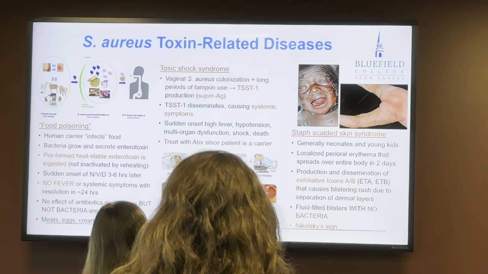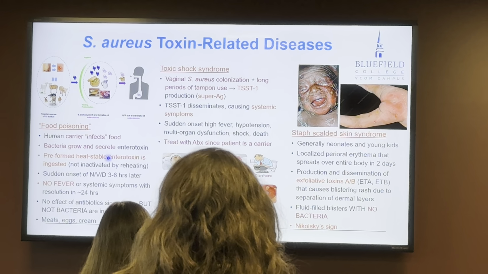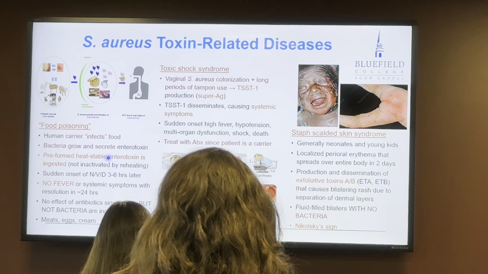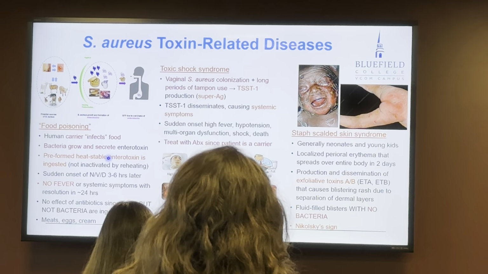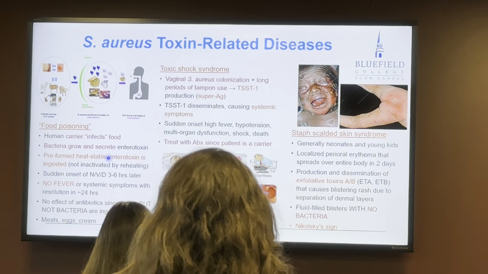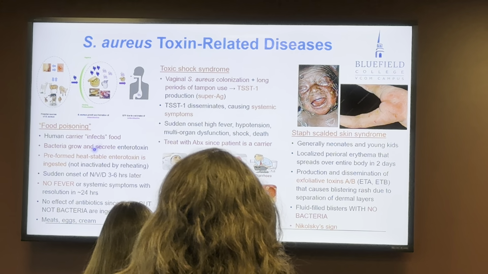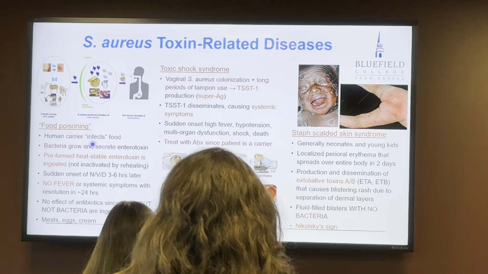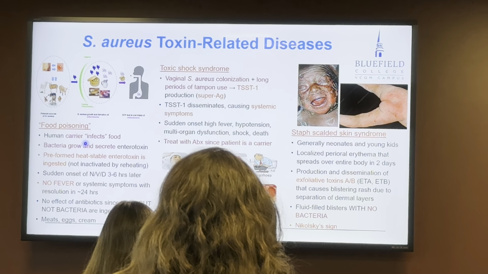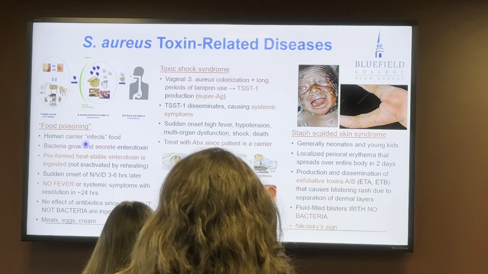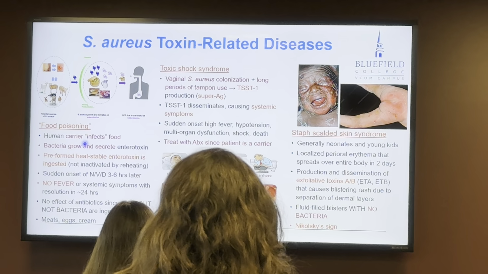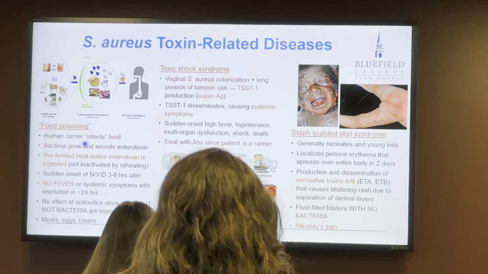All right. So when we're thinking about food poisoning, when we talk about the gram negatives next week, we'll go a little bit more into food poisoning. It's really many different things. But bottom line, somehow that food gets infected. Most often it is a human, and especially with Staph aureus, because remember, more than 30% are colonized with Staph aureus in the nose.